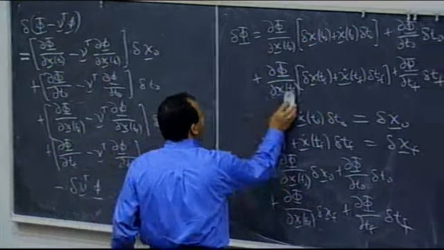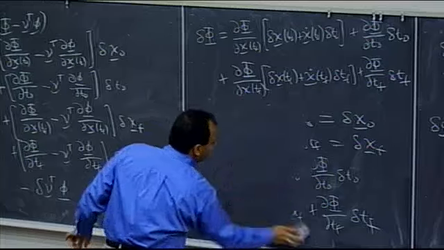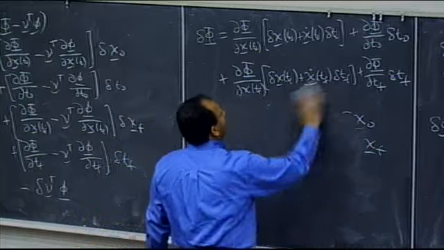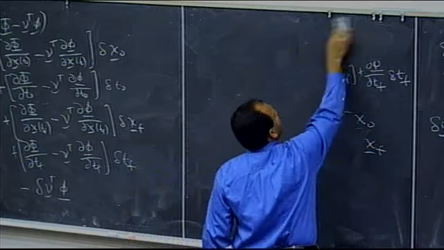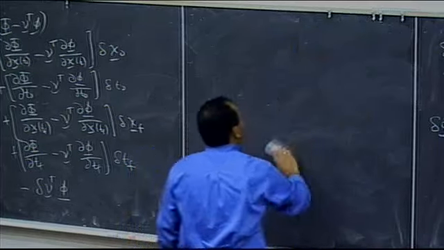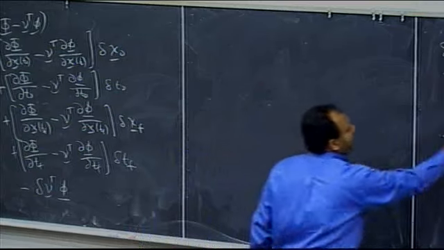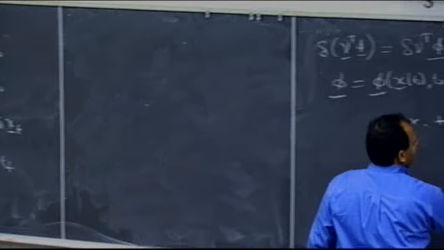Now, that only accounts for the terms outside of the integral. I now have to account for the terms inside the integral. So the part inside the integral is going to require a different approach from the one that we just used to get the terms outside the integral.